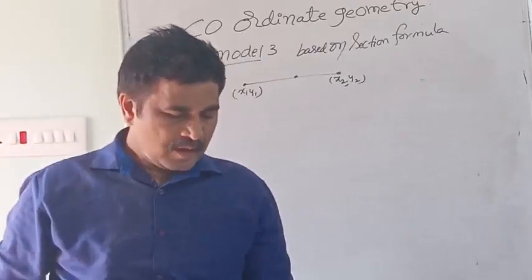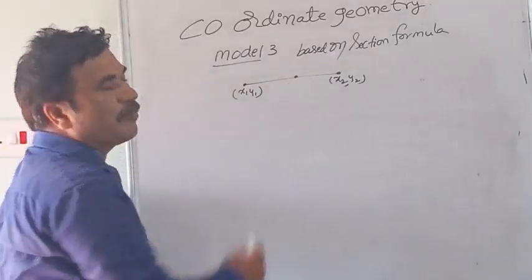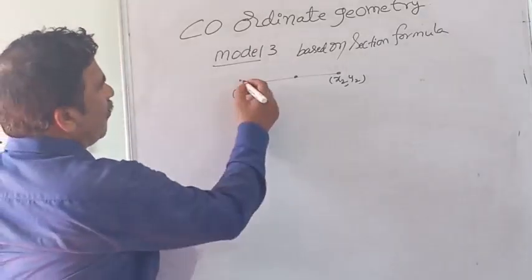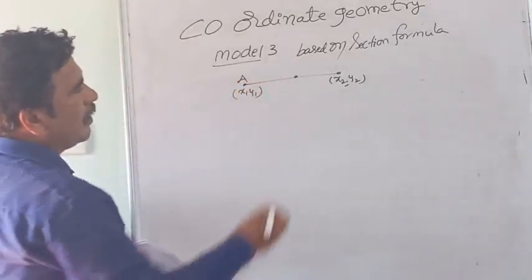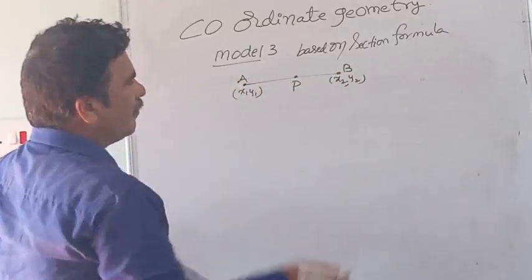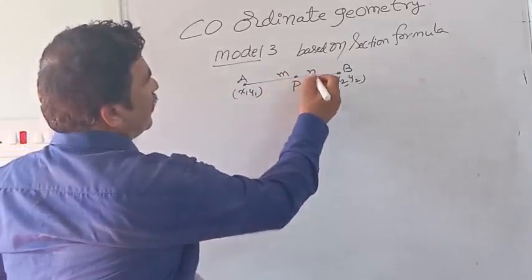Okay. Now model 3, based on the section formula. See, the section formula is: assume point A is x1 y1, point B is x2 y2, and another point P is cutting this line AB in the ratio m is to n.